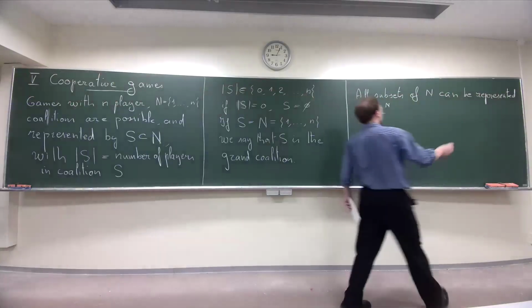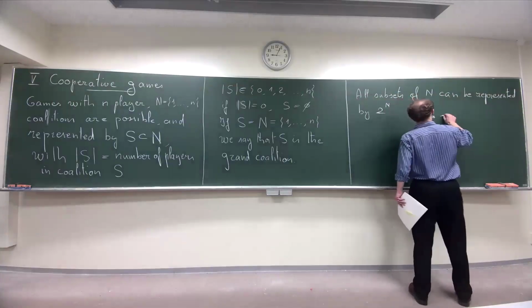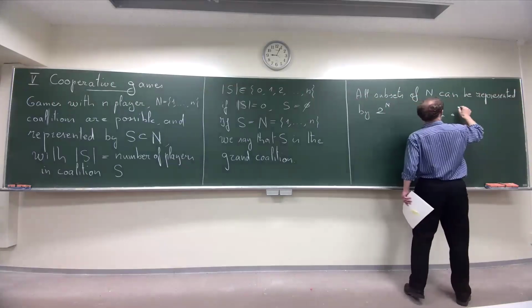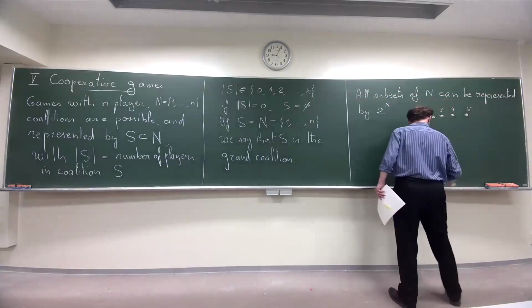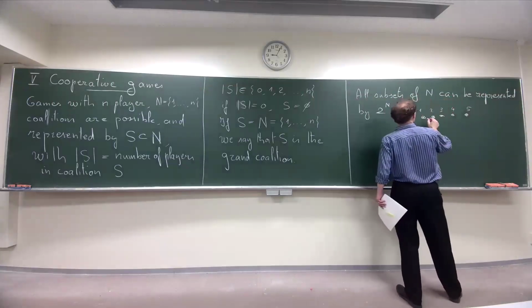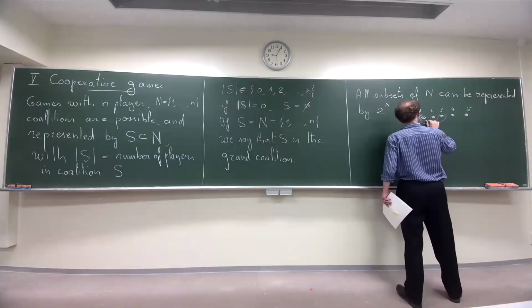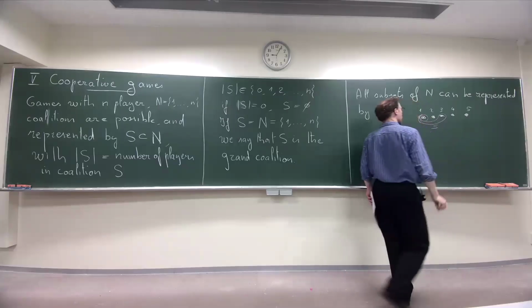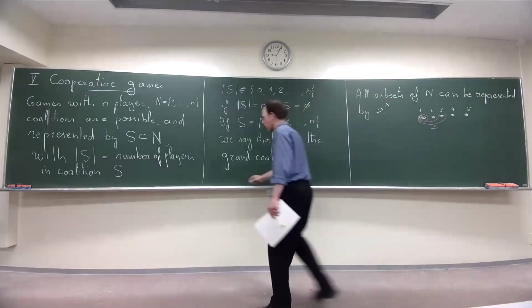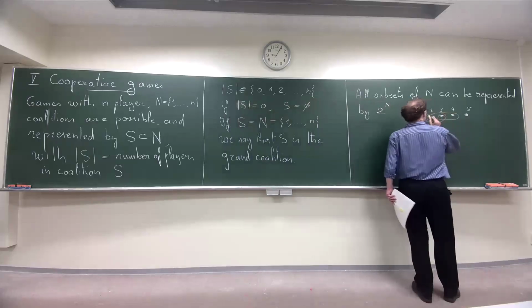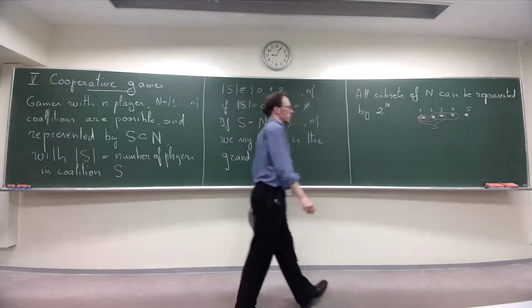So let me just give you an example. If we have 4 players, 1, 2, 3, 4, one possible subset would be 1 and 3. 1 and 3 could be a possible subset, or we could have 3 and 4, which is a possible subset.